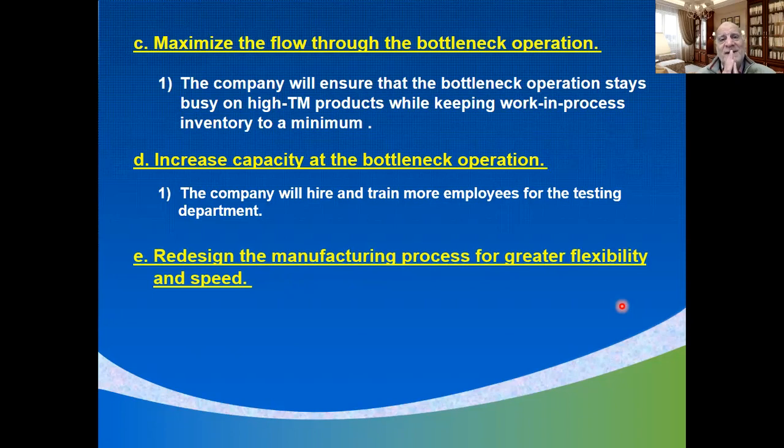And finally, step number 5 is to redesign the manufacturing process for greater flexibility and speed.